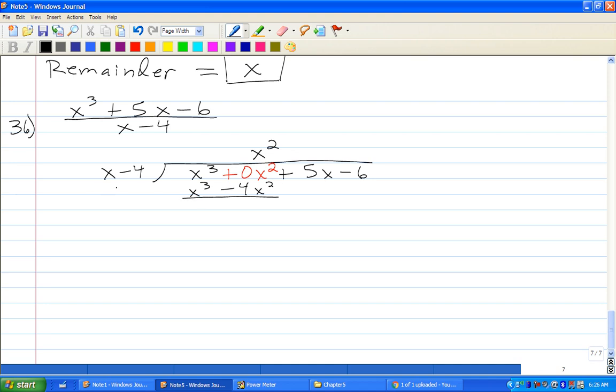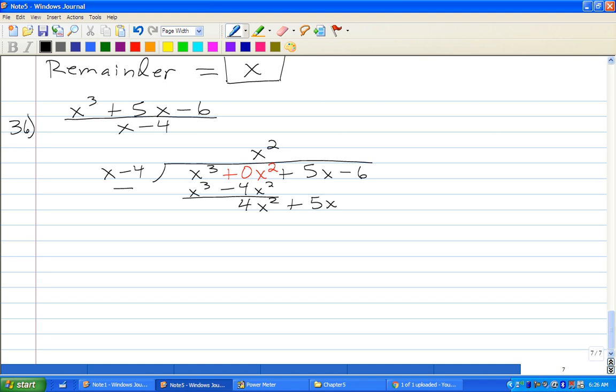And now let me subtract, because again, when I was doing my division, I always subtracted. And so the x cubes cancel. 0x squared minus negative 4x squared is a positive 4x squared. Let me drop down the 5x.